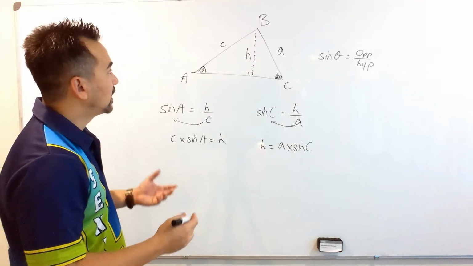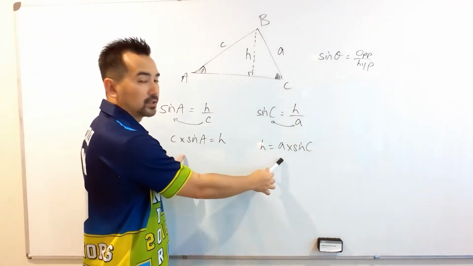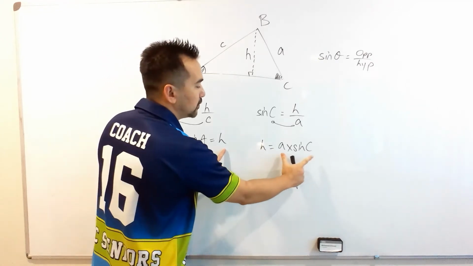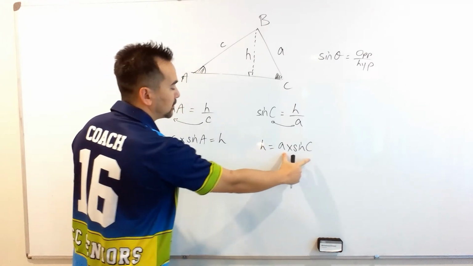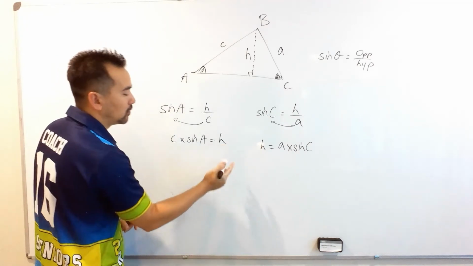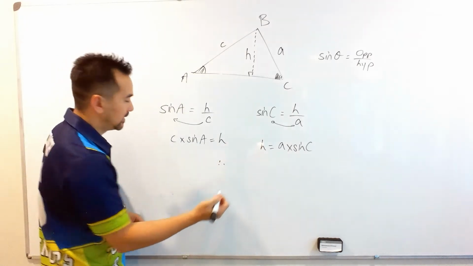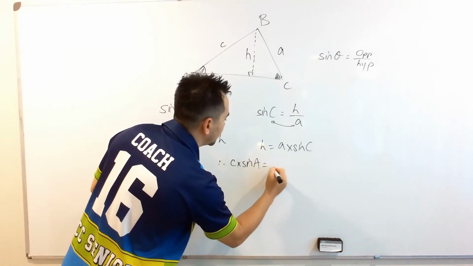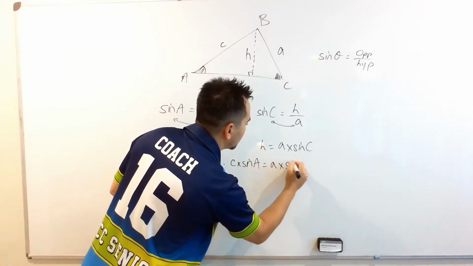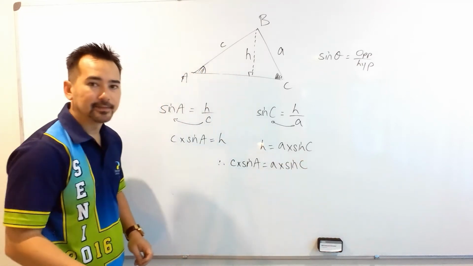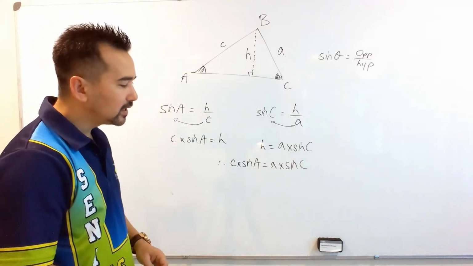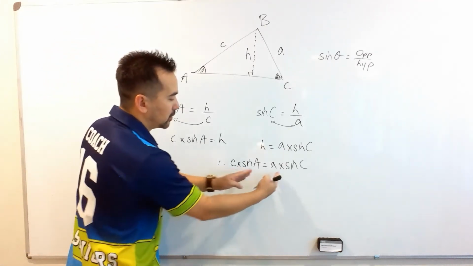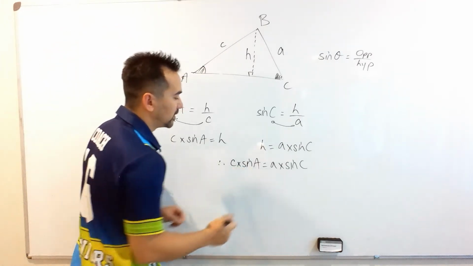And so we now have two equations, both with h as the subject. If I do a direct substitution, substituting a times sine C and putting that here, what we can conclude is that c times sine A is equal to a times sine C. Now, I could rearrange this a little bit and put all the a's to one side and all the c's to the other side.